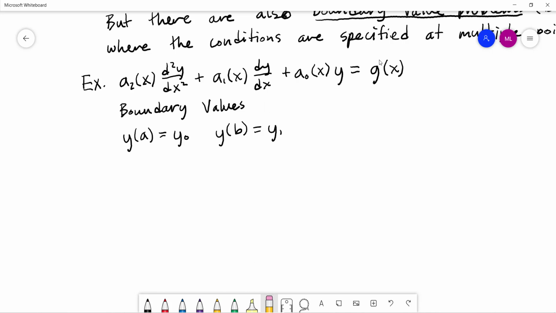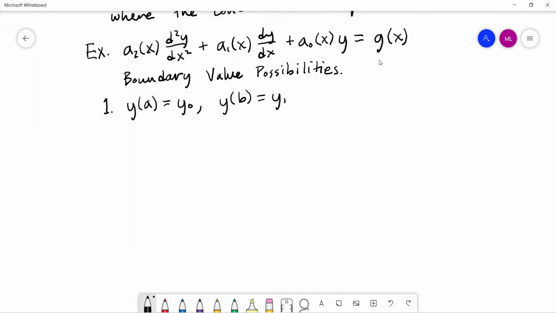So let me phrase it that way. Boundary value possibilities. So one possibility is they could look like this. Maybe we separate them with commas. A second possibility is instead of specifying the value at the endpoints, I could say I want to specify what the derivative looks like at each endpoint.